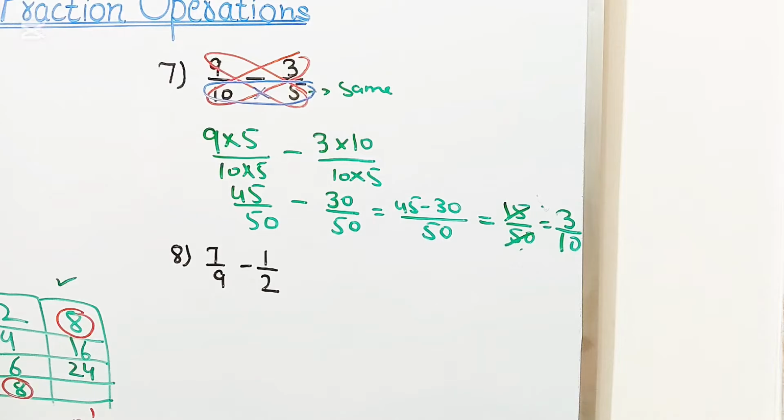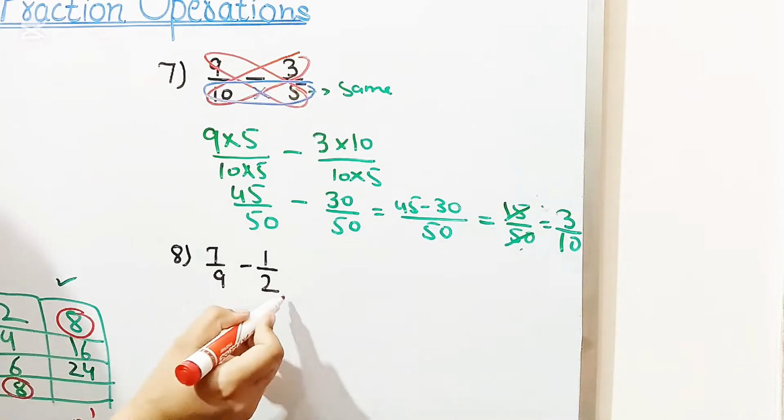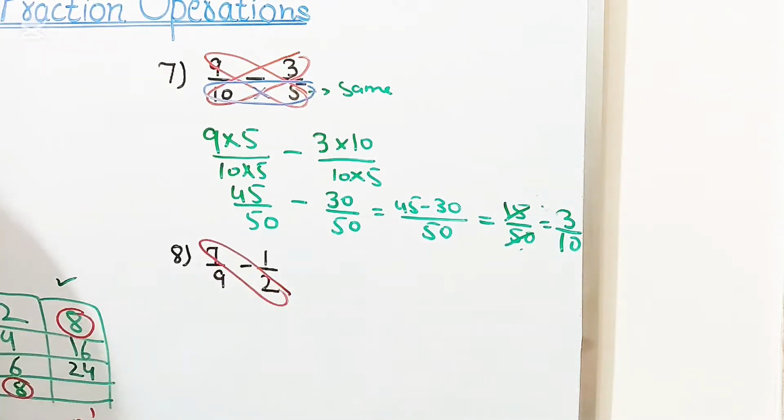7/9 minus 1/2. Again, we multiply. We use the butterfly method. 7 multiplied by 2 minus 1 multiplied by 9.